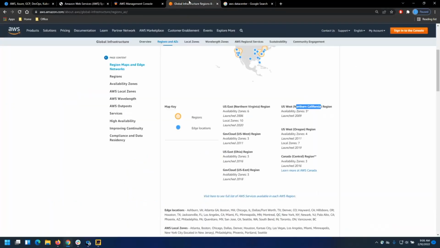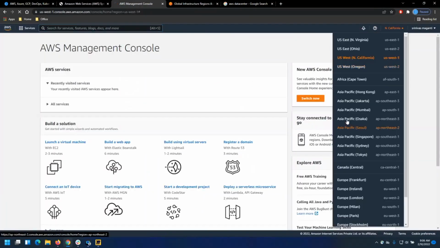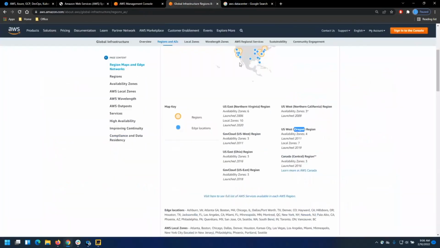In this region, you'll have only 3 buildings, 3 zones. And in US West, there is another region called Horizon. In this, you have 4 buildings, and so on.